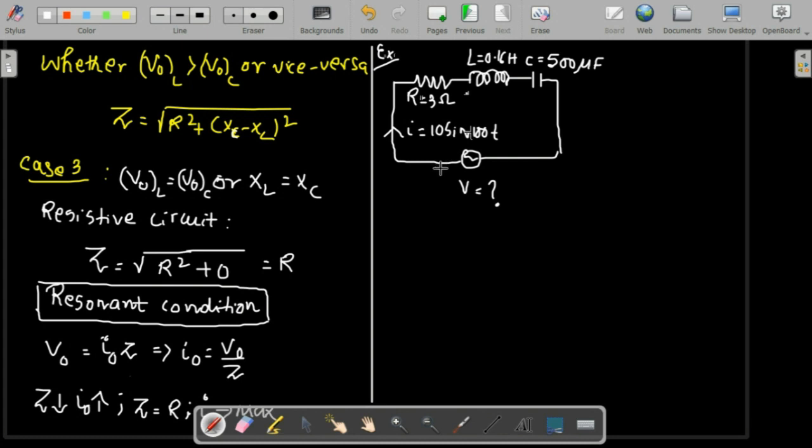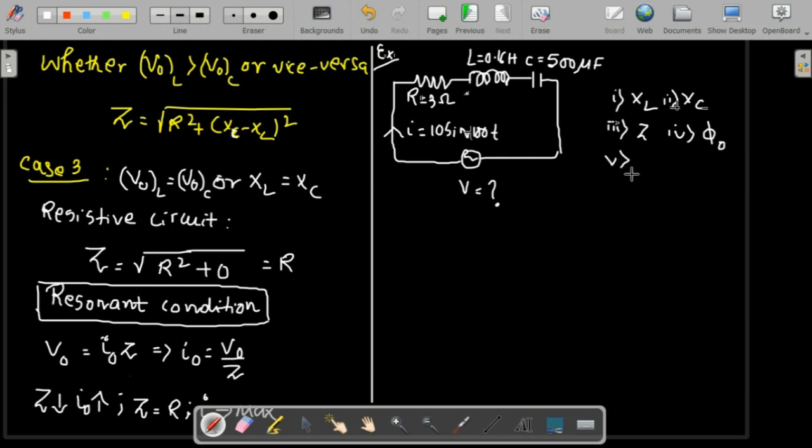What you have to do is find out one by one: XL, we can do that, XC, Z impedance, phase difference.